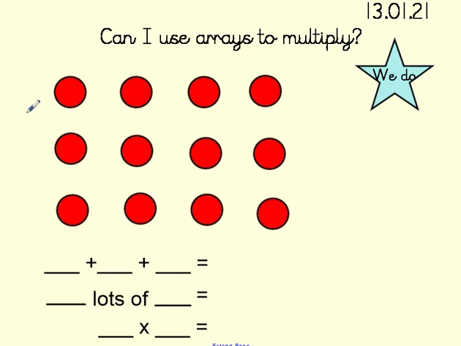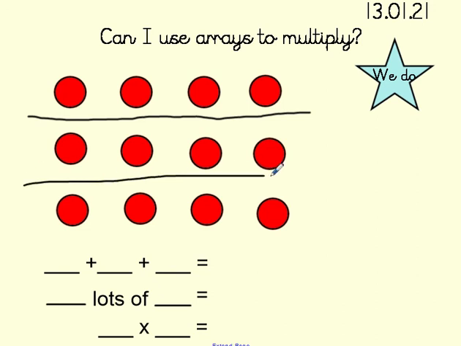The first thing I'm going to do, I'm going to look at these as 1, 2, 3 groups. So in this group I've got 4 counters, this group I've got 4 counters, and this group I've got 4 counters.